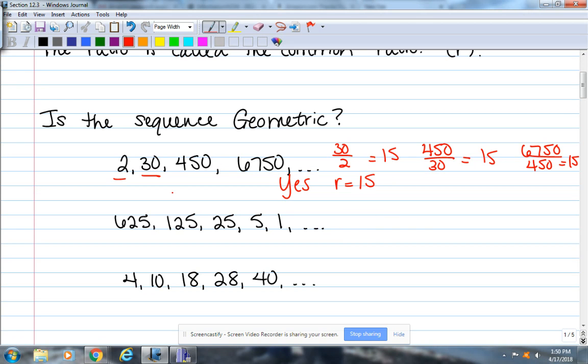It's supposed to be second divided by first. Sorry. That's 1/5, isn't it? Is 25 over 125 1/5? Is 5 over 25 1/5? Is 1 divided by 5 1/5? Yes. So these are all multiplied by 1/5. So yes, it's geometric with your common ratio being 1/5.